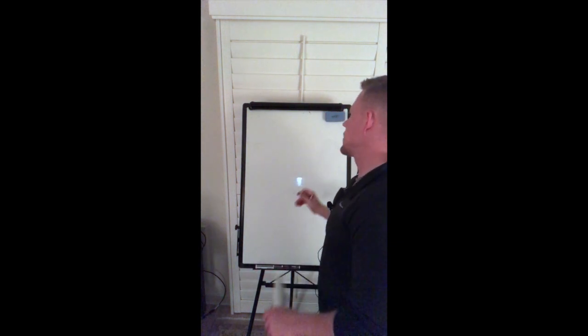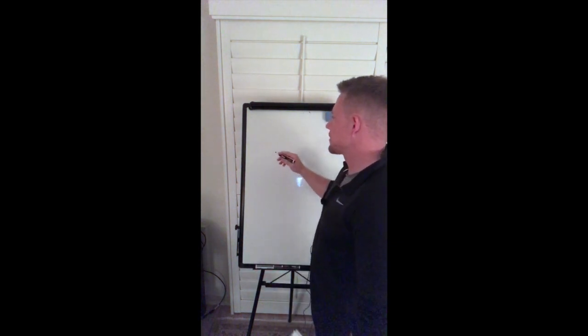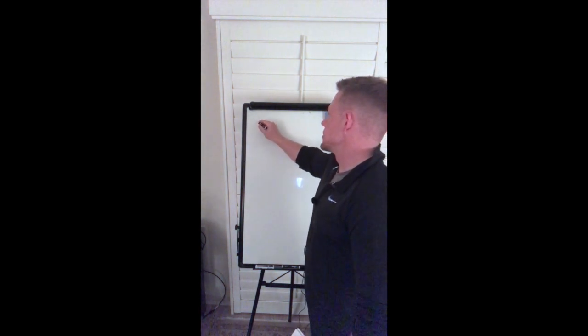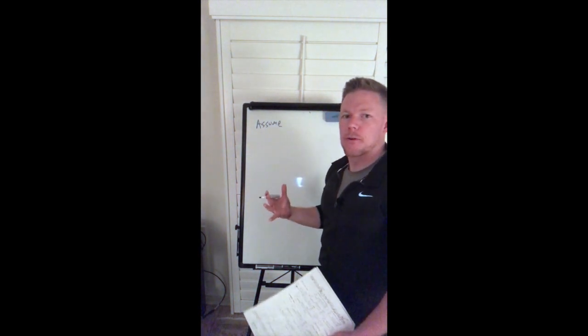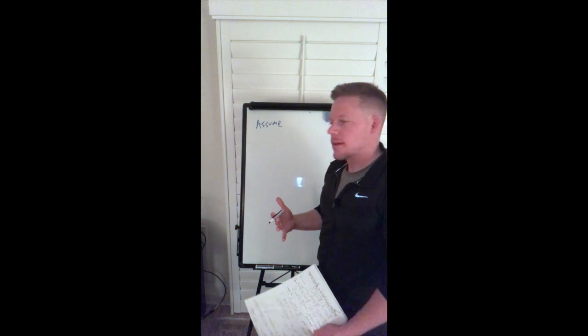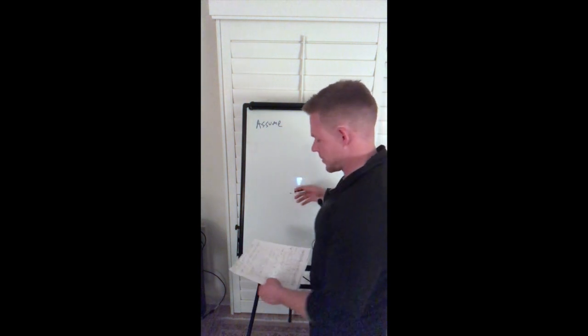So now what we want to do is we want to assume that the statement is true for n minus 1. And then we're going to see what happens with n.